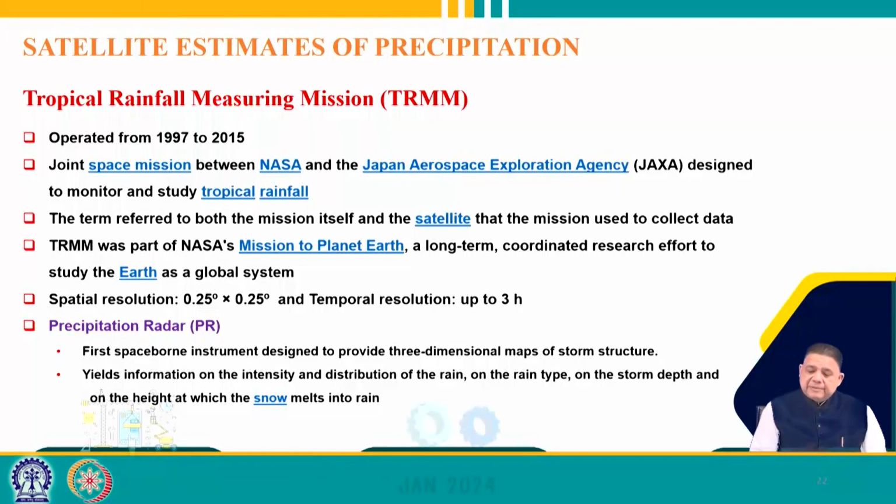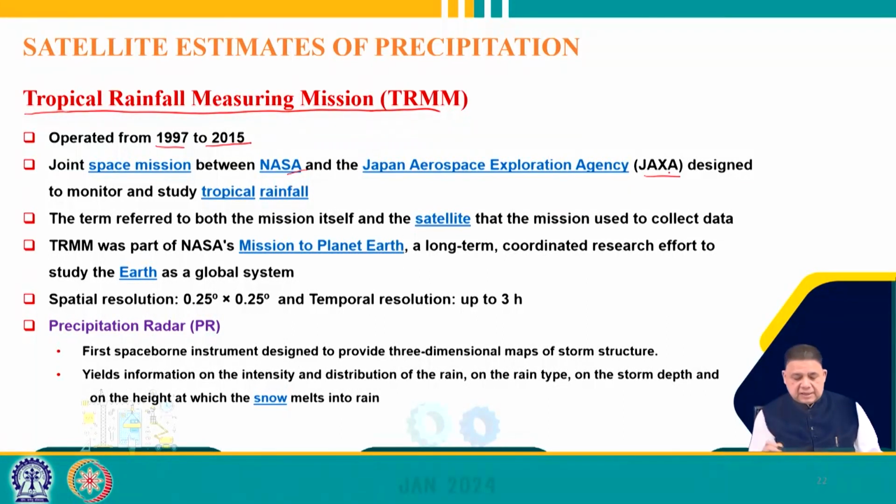Within the satellite estimates of precipitation, a major development has been the Tropical Rainfall Measuring Mission, TRMM, which operated between 1997 and 2015. It was a joint space mission of NASA and the Japan Aerospace Exploration Agency, JAXA, to monitor tropical rainfall, and the term TRMM was used both for the mission as well as the satellite.